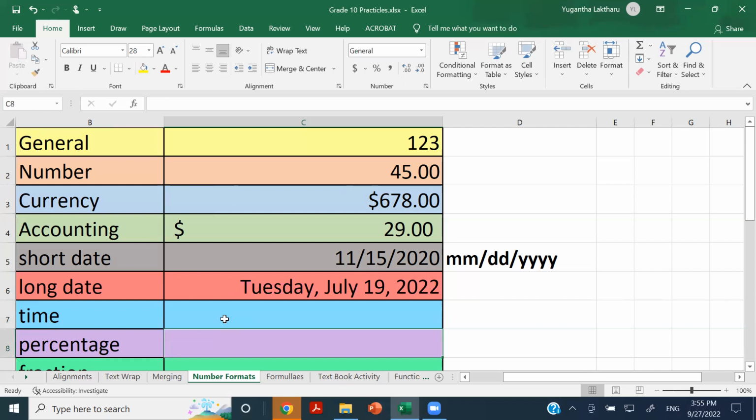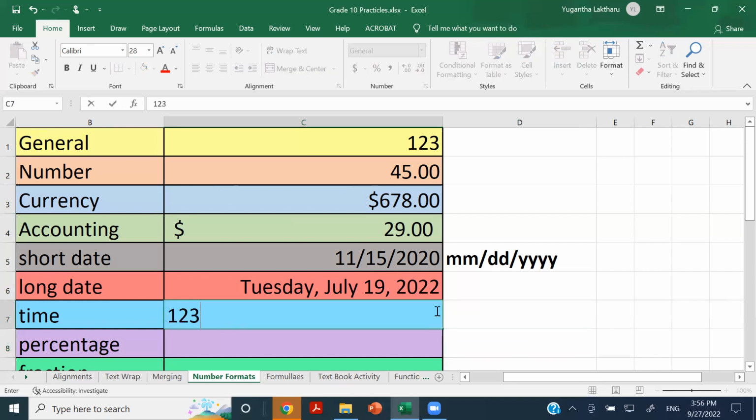Right, then the time. Now, time is the other tricky one. When you are going to specify a particular time period, it's better you mention the time with the help of the colon.